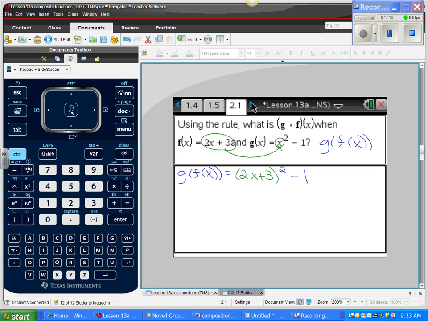Okay, so it's just substitution. How do I square a binomial? Foil. Good. When I square a binomial, I have to FOIL this out, okay? Which means I got to write it twice. Don't forget to bring down that -1.